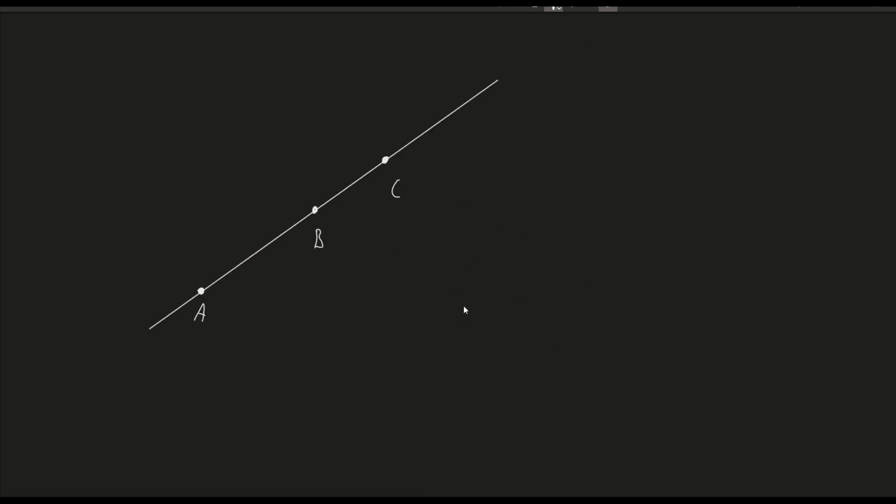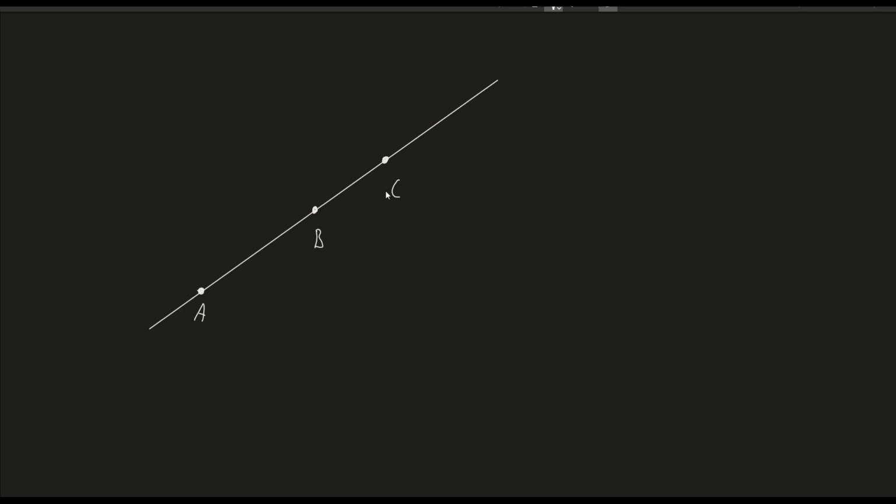In simple terms, the way that we investigate whether or not 3 points are collinear is by investigating the gradients of these 2 points with respect to each other when you connect them with a line. So here we have the point A and B, and we're trying to connect these with a line. Then we have the point B and C, and we're trying to connect these with a line.